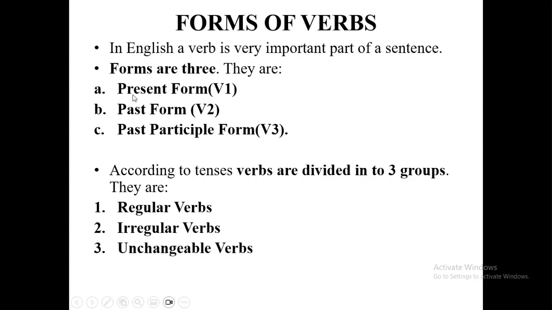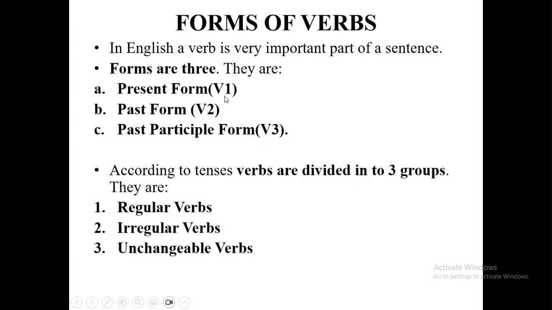Number one is the present form. The present form is also known as the base form, the basic word of the verb, the base verb. That is known as the present form.